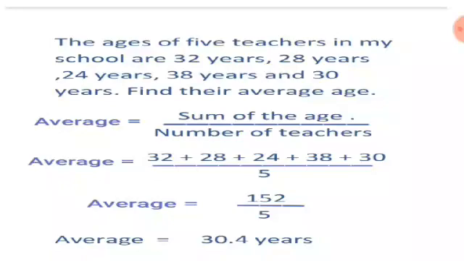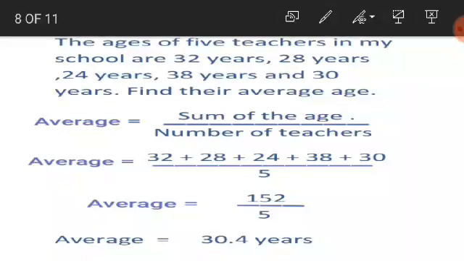We put the formula to find the average of age, and the formula of average is equal to sum of the age of the teachers divided by number of teachers. Now we will write the age of the teachers: 32, 28, 24, 38 and 30. Now it is divided by number of teachers. Now how many teachers are there? There are 1, 2, 3, 4, 5 teachers.